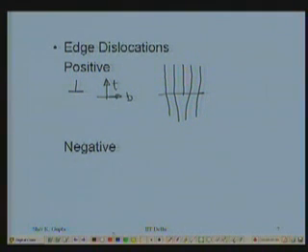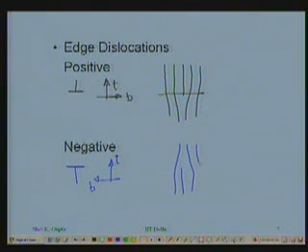Similarly, the negative dislocation in here, T and B are related like this, and the arrangement here and here is the slip plane and the part plane is coming from the bottom.